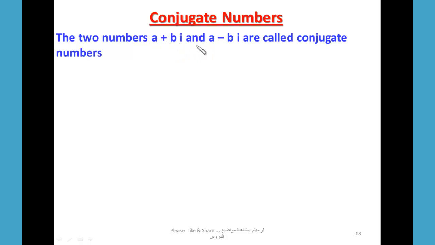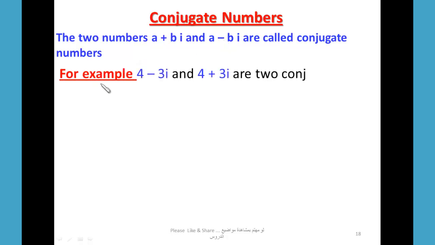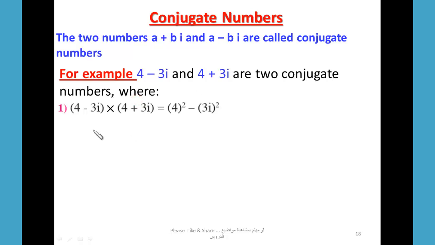Here is positive and here is negative. And we have some properties for this. For example, 4 minus 3i and 4 plus 3i are two conjugate numbers, where the product of them, 4 minus 3i multiply 4 plus 3i, we can find here a difference of two squares. 4 squared minus (3i) squared.